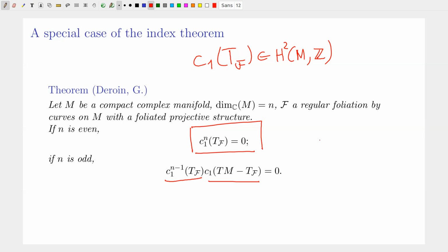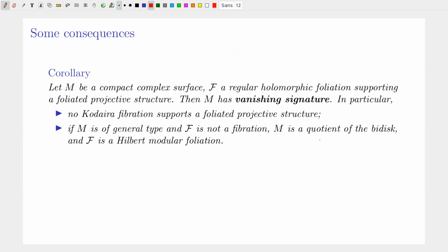Okay, so let me give you some consequences of this index theorem. So the first one is that if you have a compact complex surface and you have a holomorphic foliation, let me do it just in the case where we have a regular foliation with no singularities, and if you admit a foliated projective structure, then your manifold has vanishing signature as a real four-dimensional manifold.